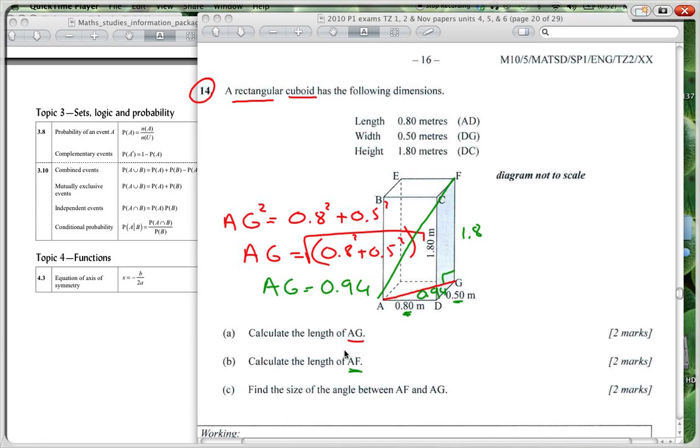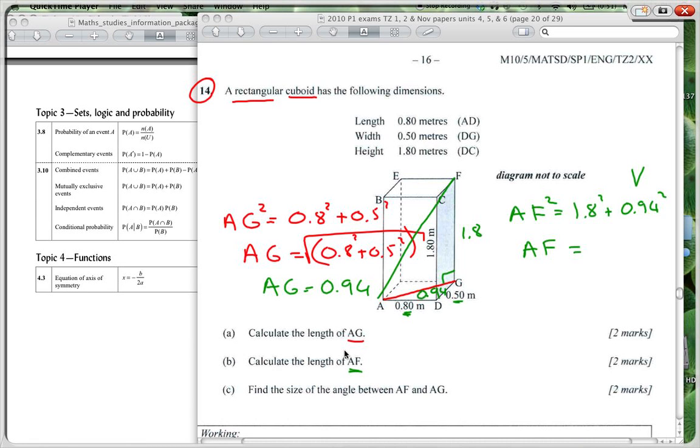So AF squared is equal to 1.8 squared plus 0.94 squared. I've actually got this value in a more accurate form in my calculator, and I'm going to use that value. Then I'm going to find AF by finding the square root of those.